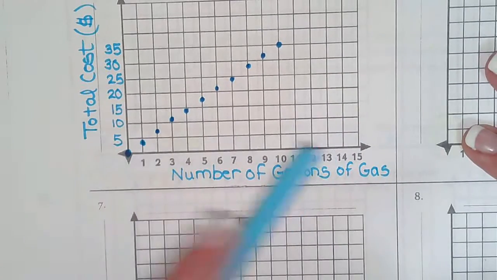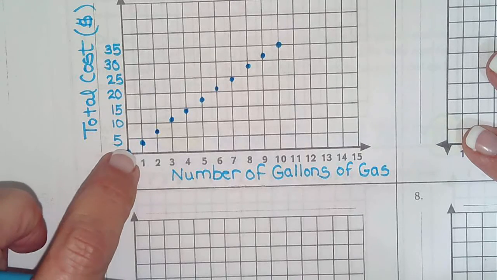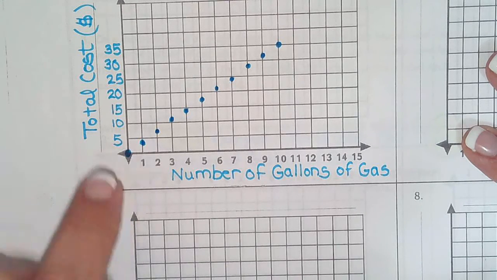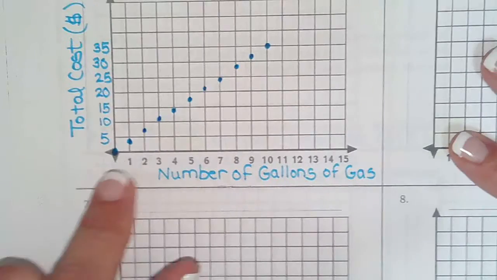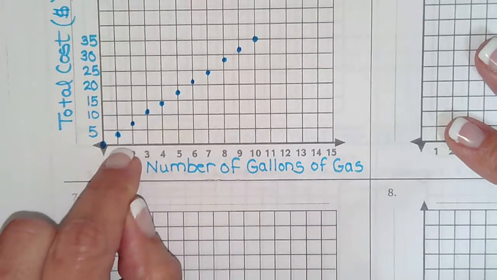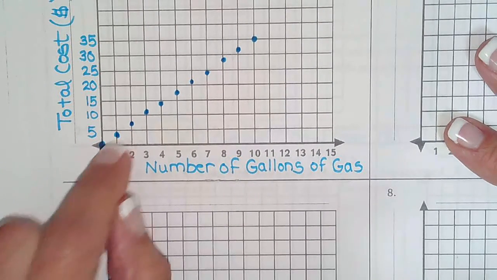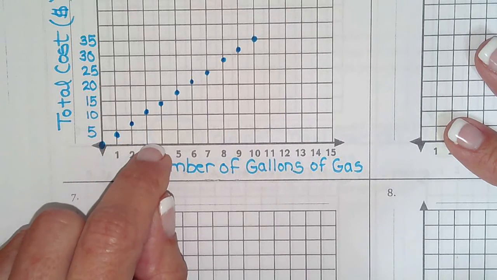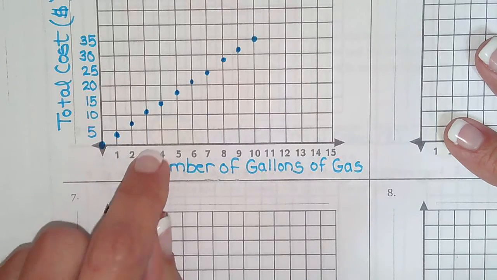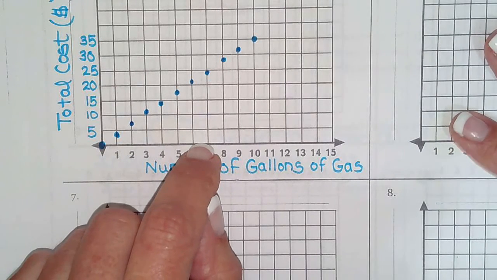I connect the data points if there are fractions or decimals that are possible for X. So I ask myself, when I buy gas, do I only buy whole number gallons? Could I buy half a gallon? Could I buy 3.7 gallons? Could I buy 6.8 gallons? Of course.